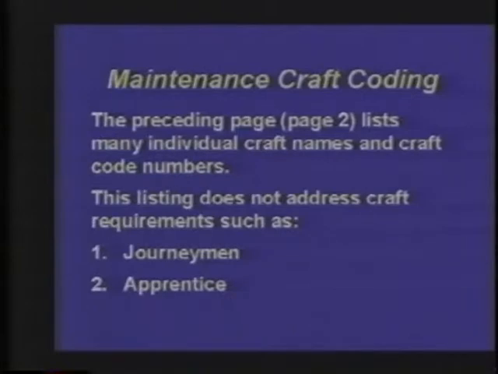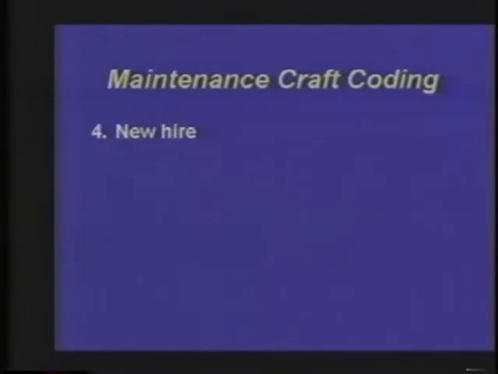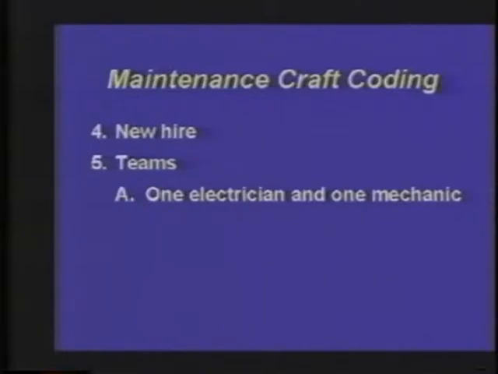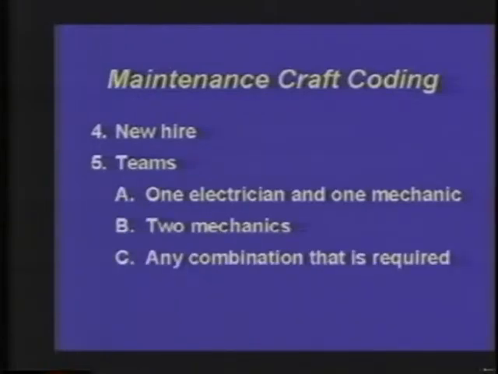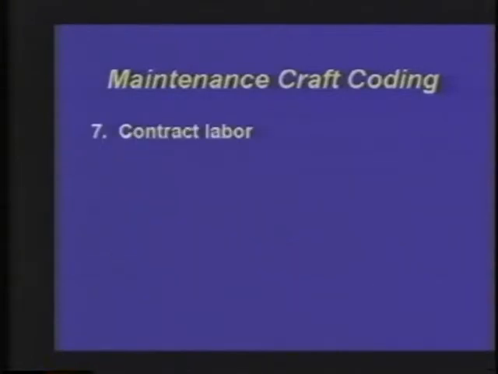The difference between 1, a journeyman, 2, an apprentice, 3, a trainee, 4, new hires, 5, teams: 5A is 1 electrician, 1 mechanic, 5B is 2 mechanics, and 5C is any combination that is required. 6 addresses the participation of machine operators, 7 is contract labor, and 8 is others as required.